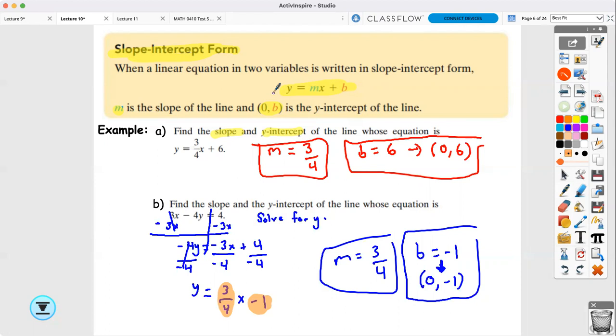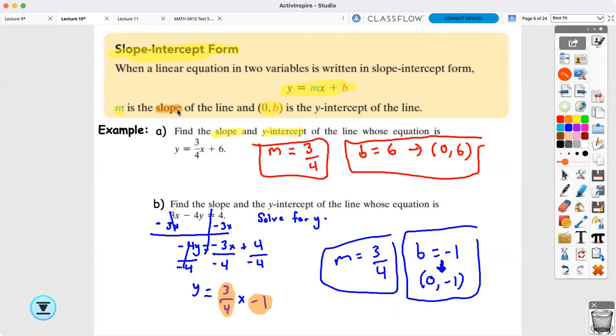First, we know y is by itself, and we know m is next to x, where we know m is the what? M is the slope of the line. So if y is by itself, then m is gonna be the number next to x. And then if y is by itself, b, the number by itself, is also the what? The y-intercept of the line.